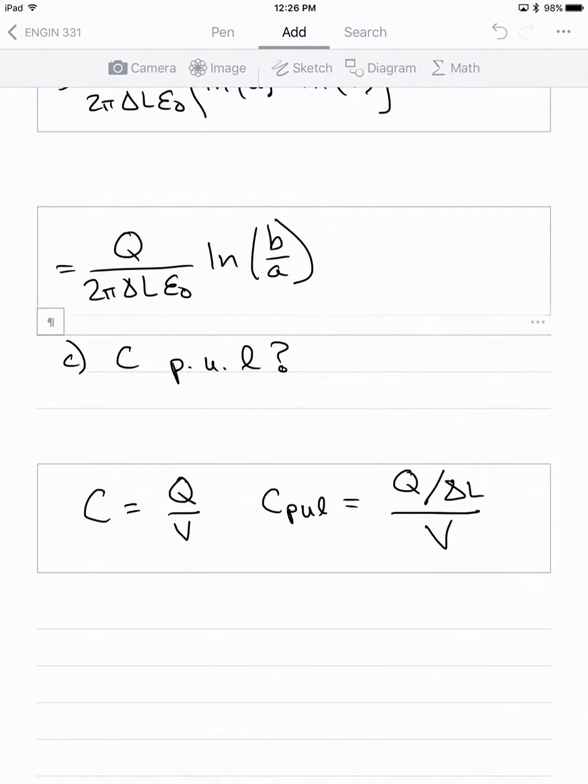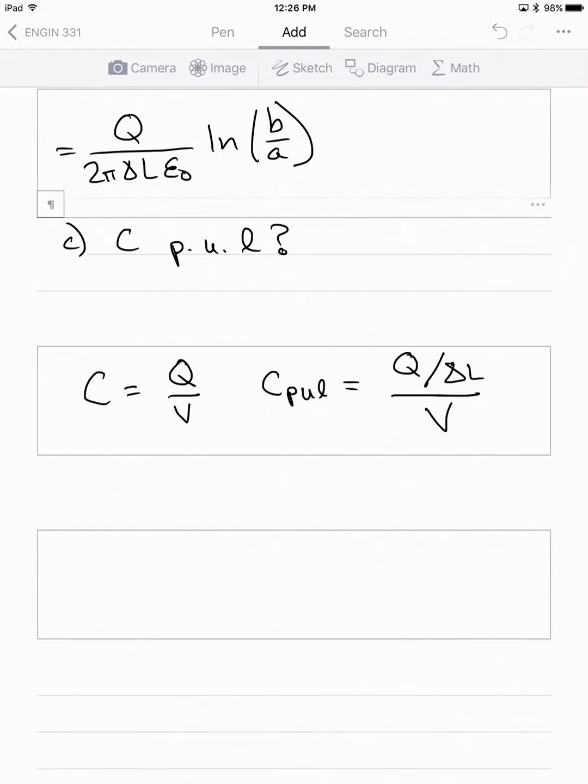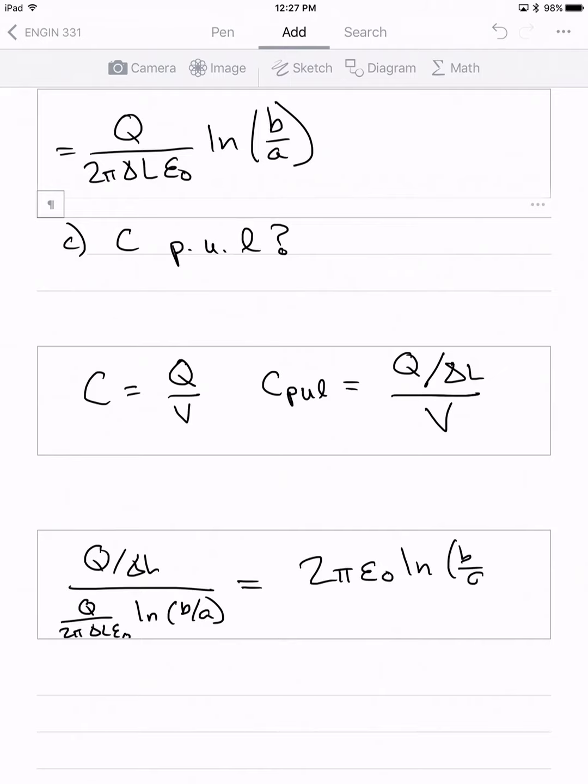Applying that, our charge per unit length is just Q over delta L, and our voltage we found in part B. So that voltage is Q over 2 pi delta L epsilon naught times ln of B over A. And if I work all this stuff out, my delta L's cancel, my Q's cancel, and I end up with 2 pi epsilon naught divided by ln of B over A. Nope, the ln goes on the bottom still.